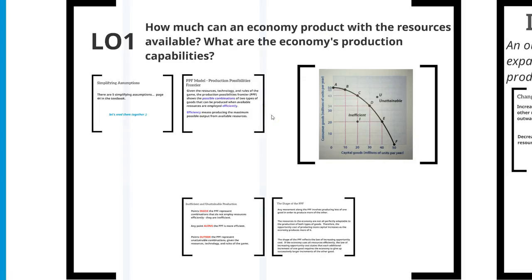What are the economy's production capabilities? So this is what the production possibilities frontier sort of describes. How much can an economy produce with the resources available, and what are the economy's production capabilities?